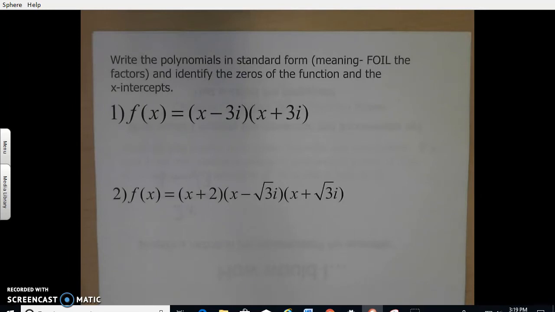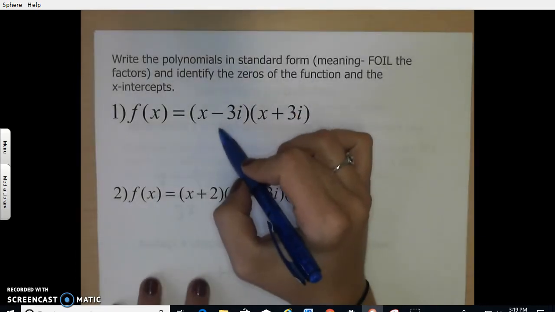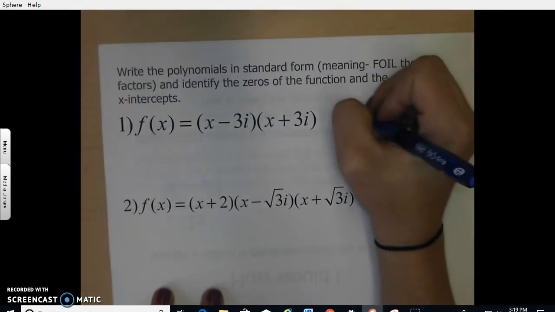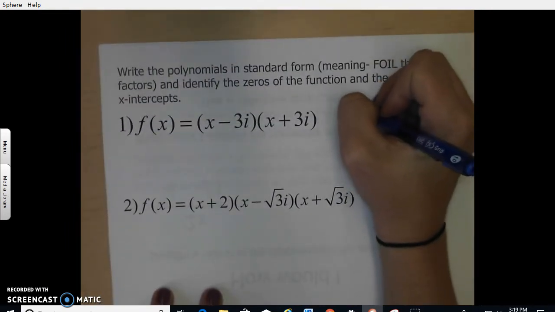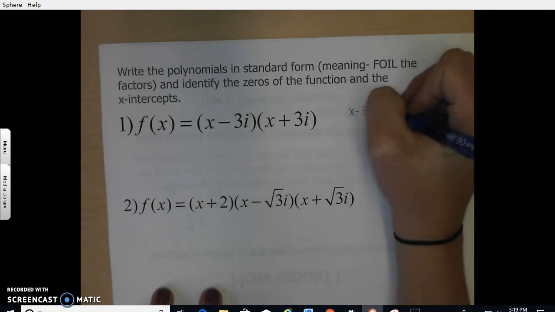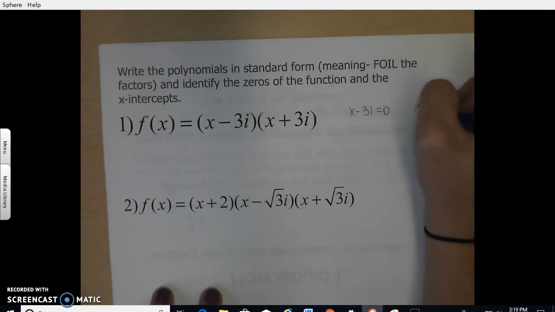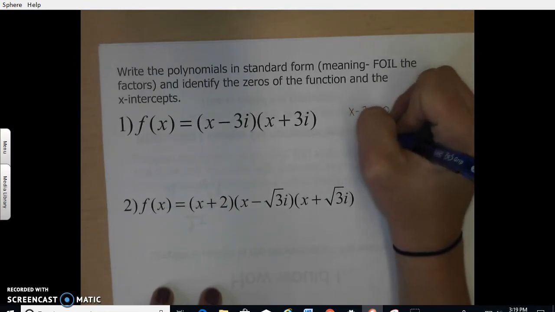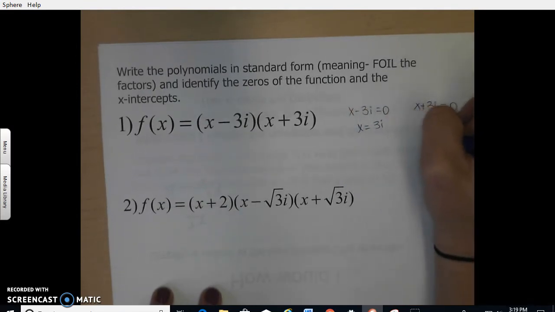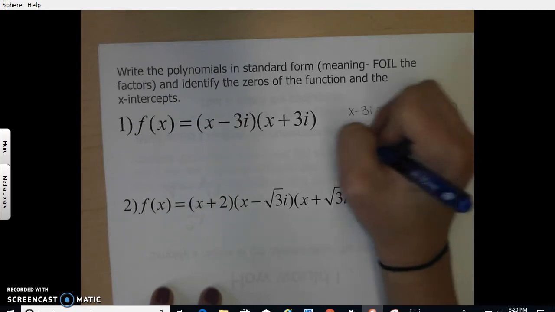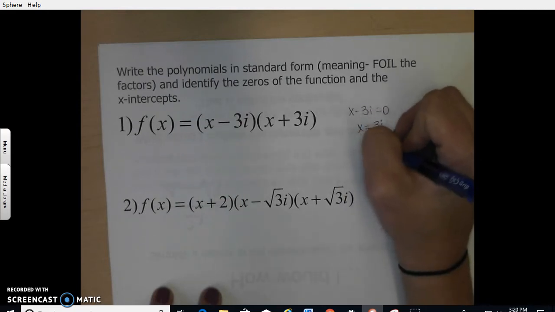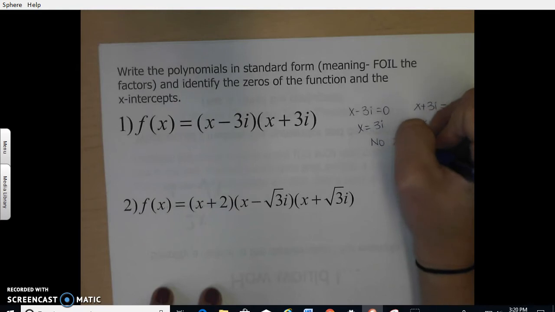Write the polynomial in standard form and identify the zeros of the function and the x-intercept. So I'm going to take x minus 3i, set it equal to 0. x plus 3i, set it equal to 0. And solve for x. We get x equals 3i, and x equals negative 3i. These are our zeros.